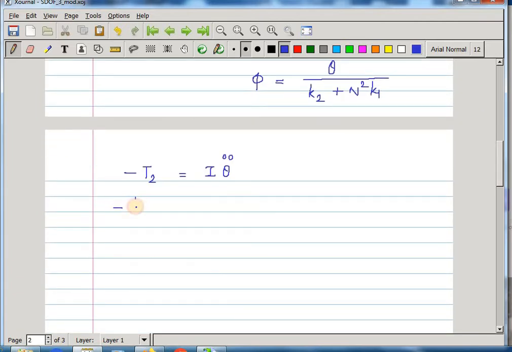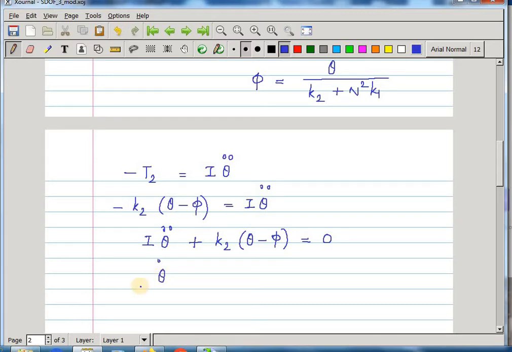So minus K2 (theta minus phi) is equal to I theta double dot, or I theta double dot plus K2 (theta minus phi) is equal to 0.